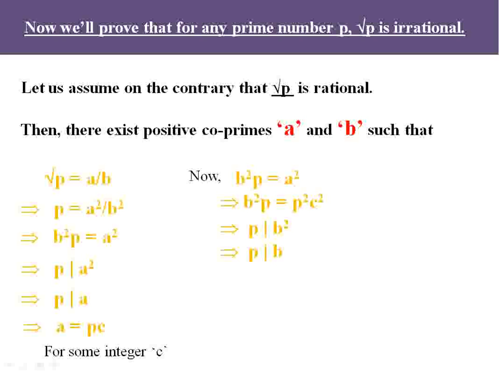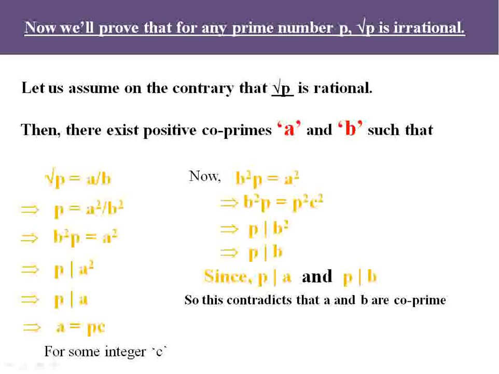And we can prove that p completely divides b also using the fundamental theorem of arithmetic. Since p completely divides a and p completely divides b also, this contradicts our earlier assumption that a and b are co-prime. If a and b were co-prime, then they should not have the same factor. Therefore, we prove that root p is irrational.